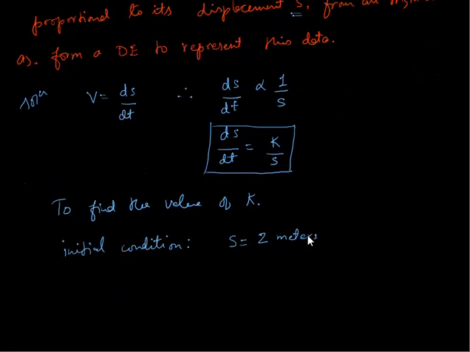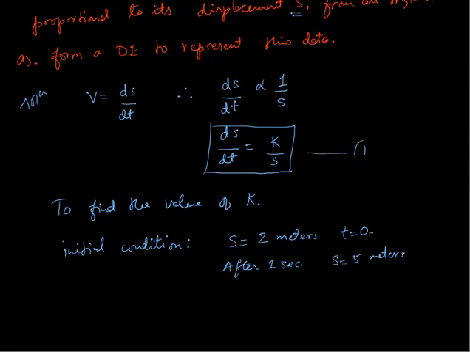What is given to us? The initial condition means at t equals 0, the displacement of the particle is 2 meters from the origin O. Okay. After 1 second, the particle has a displacement of 5 meters. All right. So now we have to find the relation between s and t.